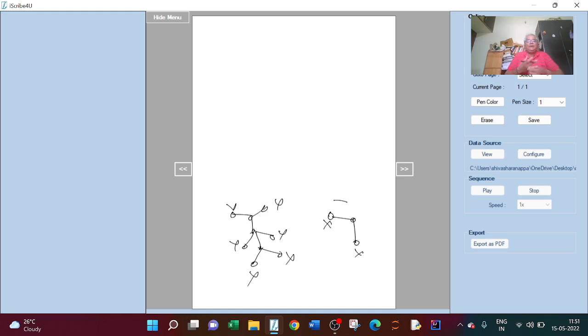For that, first I will consider, suppose G has no end vertices, meaning each vertex is of degree greater than or equal to 2. And then we consider G has exactly one end vertex. So one vertex is of degree 1 and all the remaining vertices have degree greater than or equal to 2.